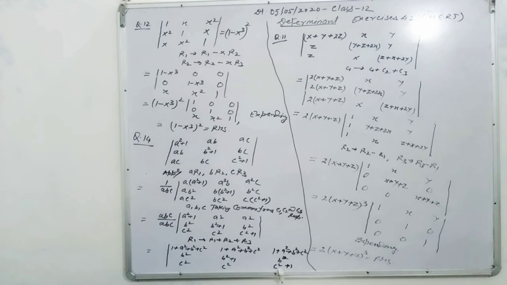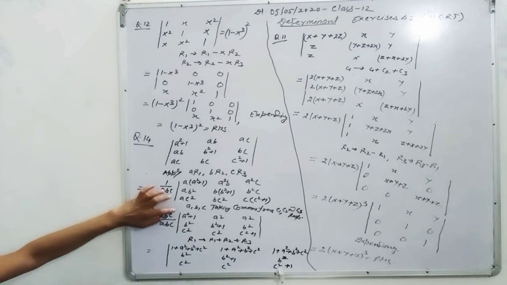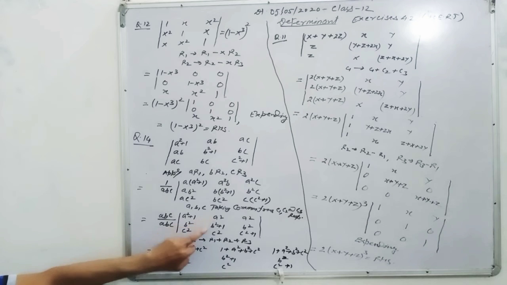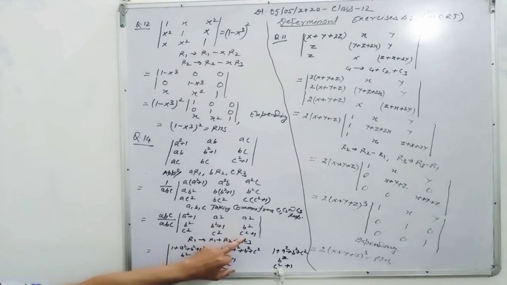This is the common factor. After taking common in C1, you will have a square plus 1, b square, c square. In C2, a square, b square plus 1, c square. In C3, a square, b square, c square plus 1. Here you have to prove 1 plus a square plus b square plus c square.